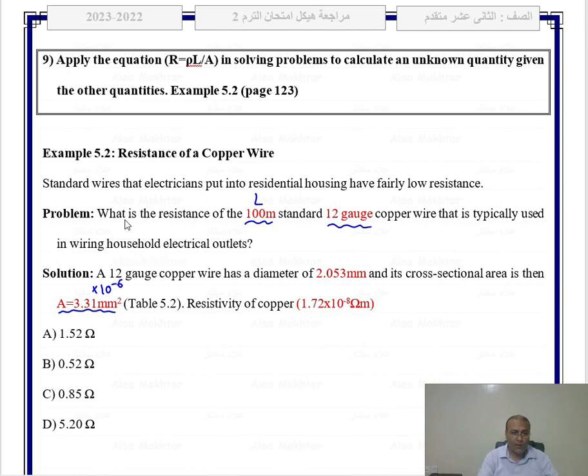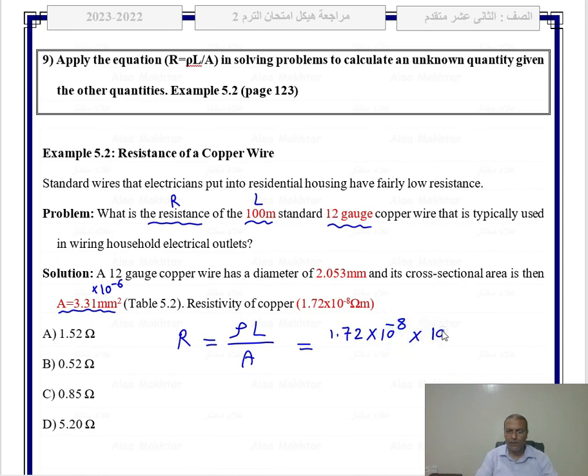He asked what? What is the resistance? Resistance is R. R equals rho, resistivity, times L, length, over area. Resistivity for copper is this number, 1.72 into 10 to the negative 8.